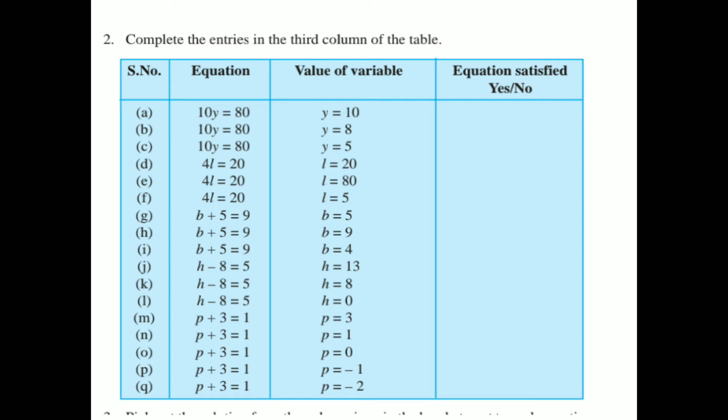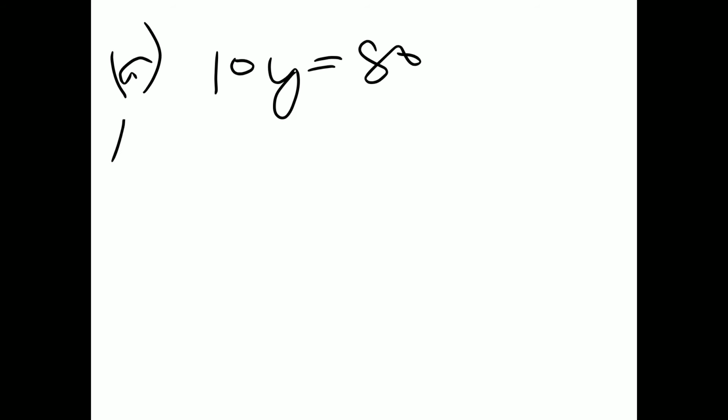Now we do question number 2. Question number 2 is: you have to complete the entries in the third column of the table. So you will write in the copy for question number 2 only this: complete the entries in the third column of a table. Then we write one by one all the parts. First is 10y is equals to 80. Solution. What is the value of y given?